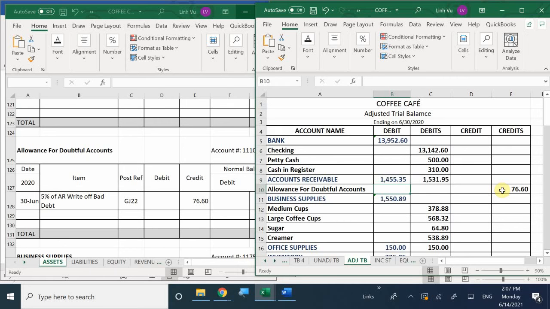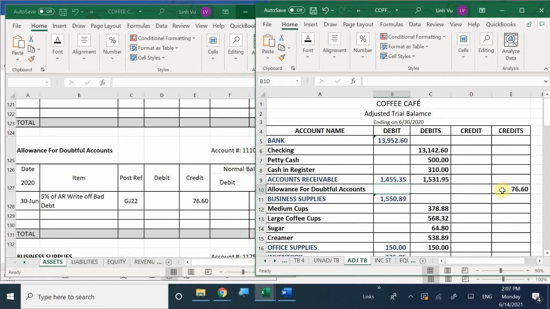This is how you get a balance in there, by calculating all this and always keeping a track trail of this right here. So this is the amount of bad debt that I'm potentially going to have at risk at the end of June.